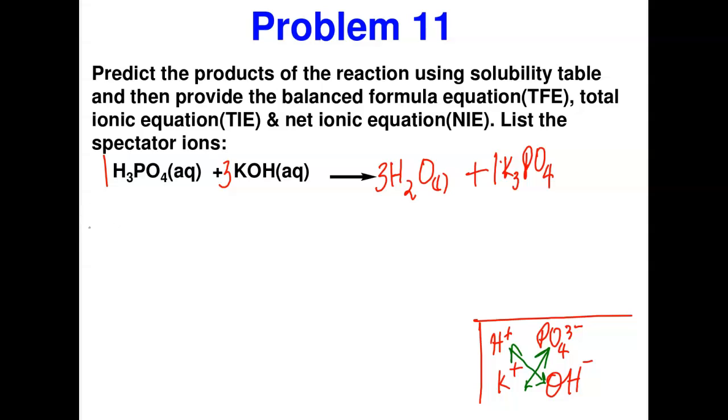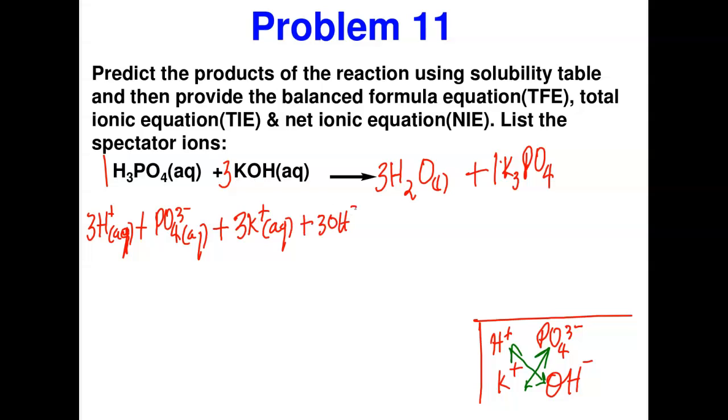So the total ionic equation will be 3H+ aqueous plus phosphate, only 1, PO4 3- aqueous, plus 3 potassium ion, so 3K+ aqueous plus 3OH- because there are 3 hydroxyl ions. What does it form? Remember, pure solids, liquids, and gases cannot be written in ionic form. This is a water molecule, so we're just going to write 3H2O liquid.